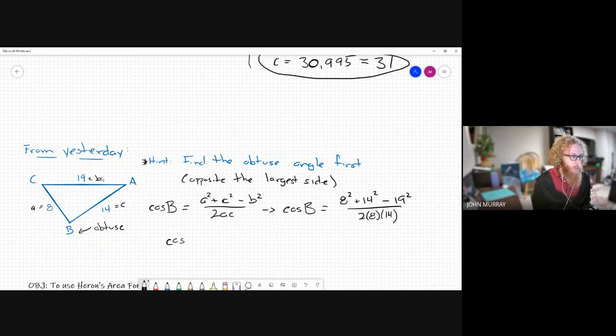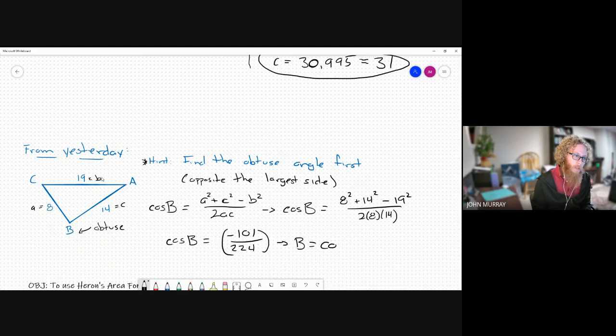So solving this, 8 squared plus 14 squared minus 19 squared is actually going to get us negative 101. And then 2 times 8 times 14 gives us 224.